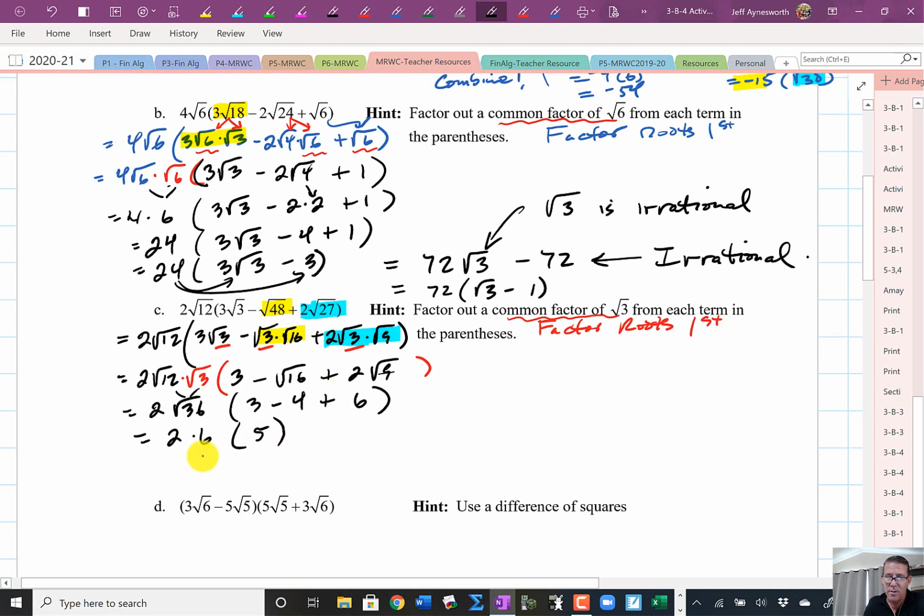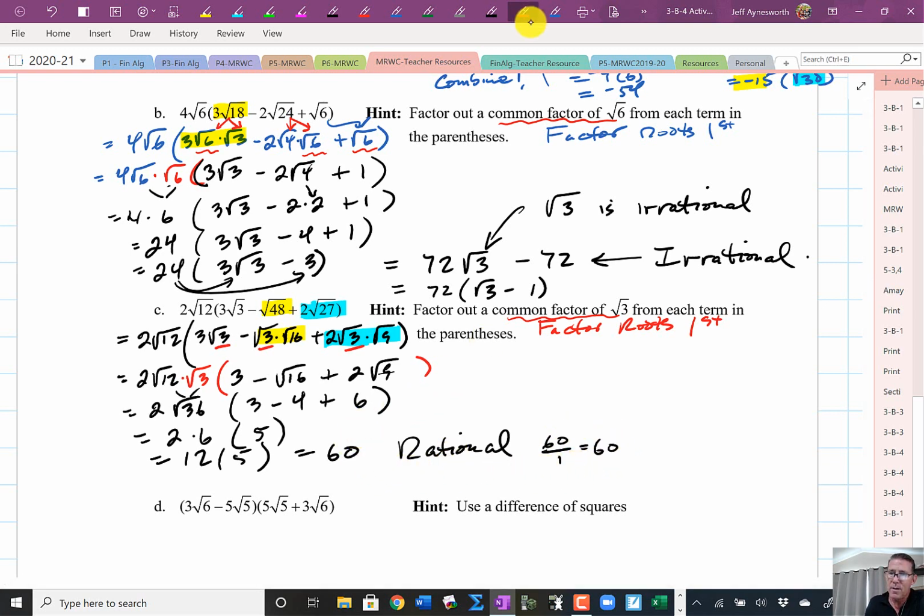So you get 12 times 5 here, which is 60. And that, my friends, is a rational number because 60 divided by 1 is still 60, and you have an integer over an integer. So our end result is rational this time. It's not always rational. If you end up with a square root in your expression, it's going to be irrational.